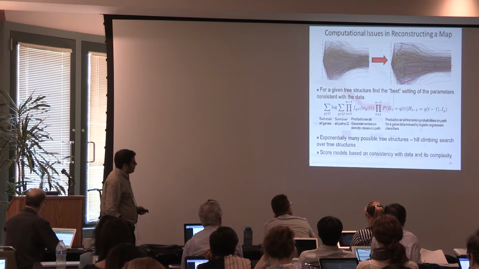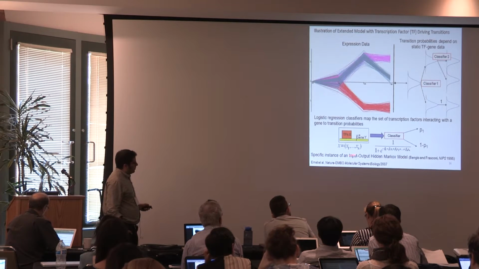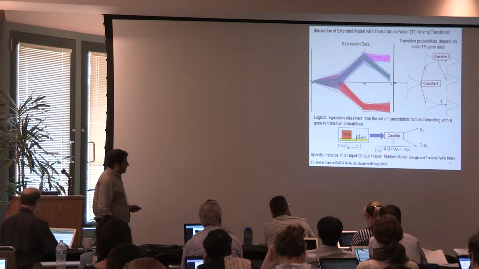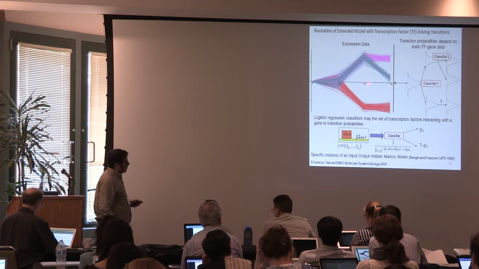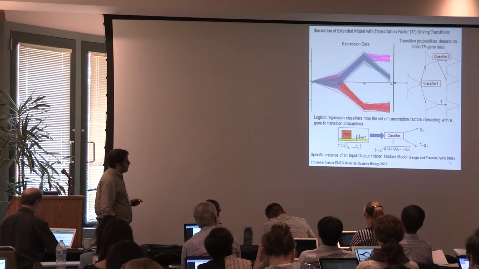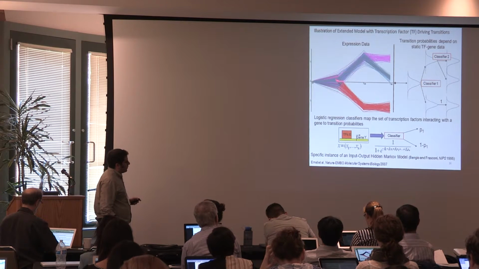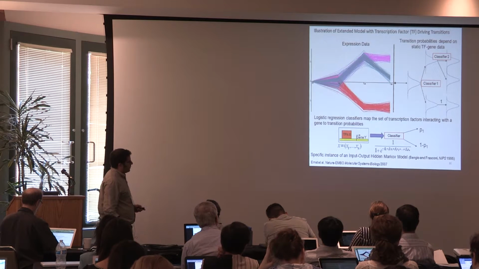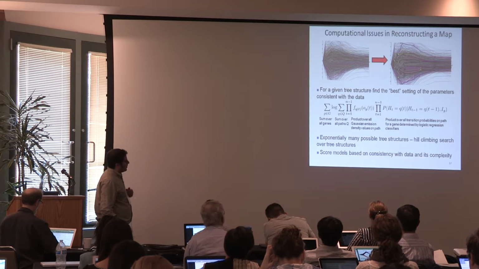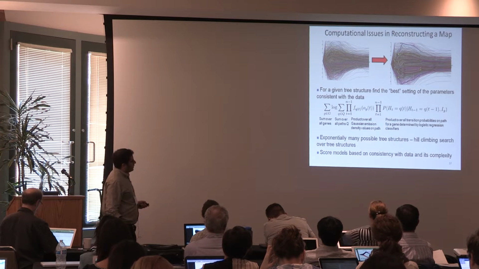Then we more generally model it with a very constrained instance of an input-output hidden Markov model, which enforces this tree structure and assigns each gene to its most likely path based on both its expression distribution and these TF gene interaction transition probabilities. So that's the underlying model.